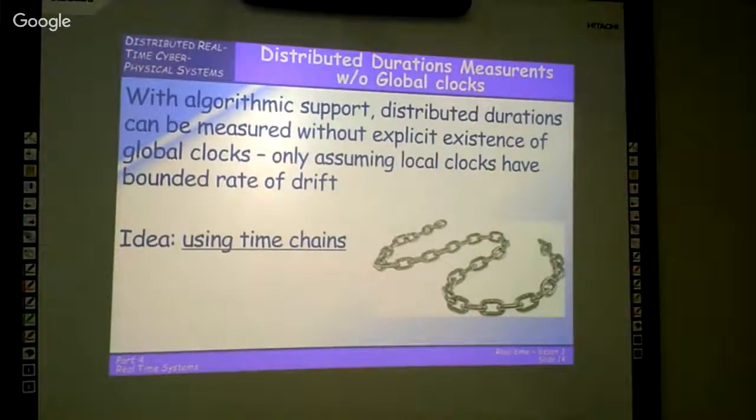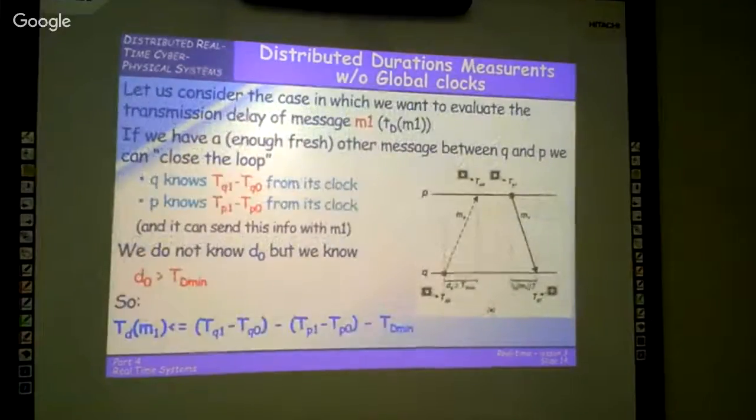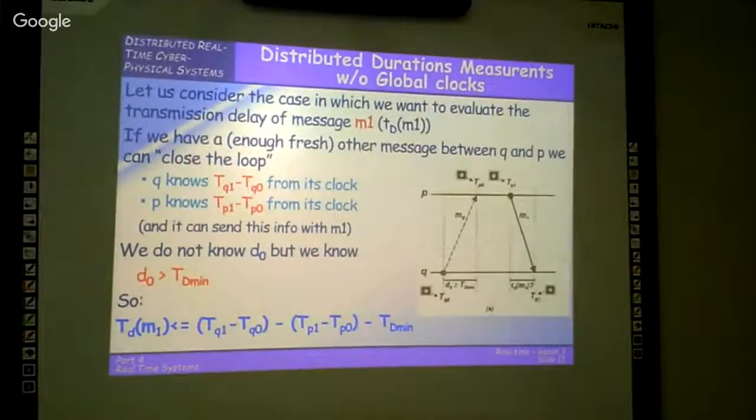And the only assumption that we make is that they have a limited drift rate. Apart from that, they can have any kind of value. So we can use chains. Okay, we want to evaluate the delay of message M1. See, message M1 is this one. If we have a recent message M0 sent in the opposite direction, we can close the loop.